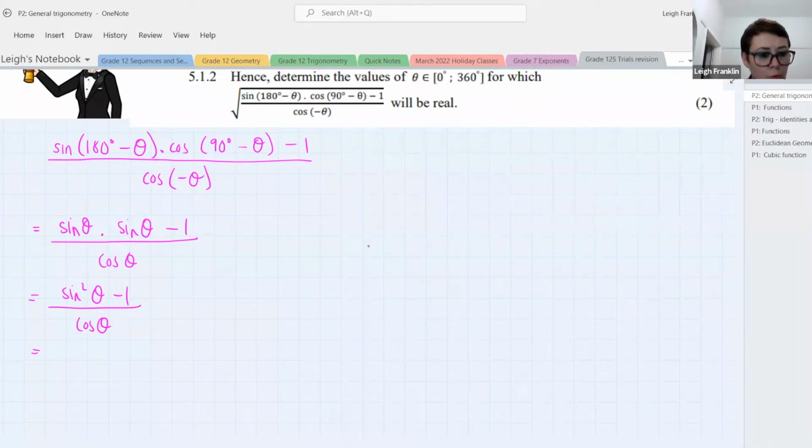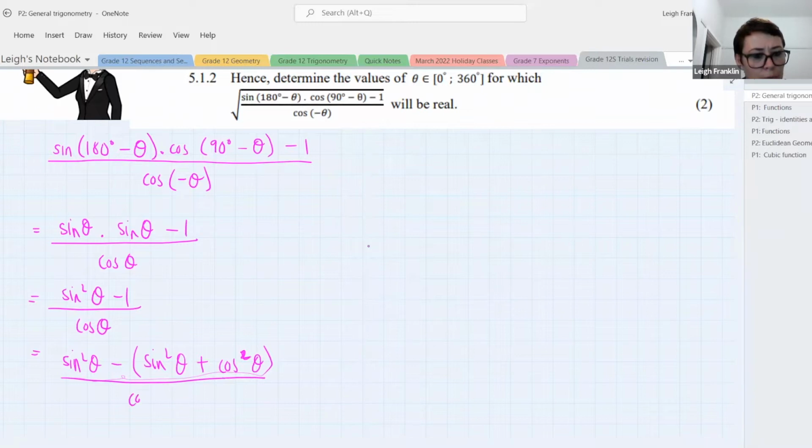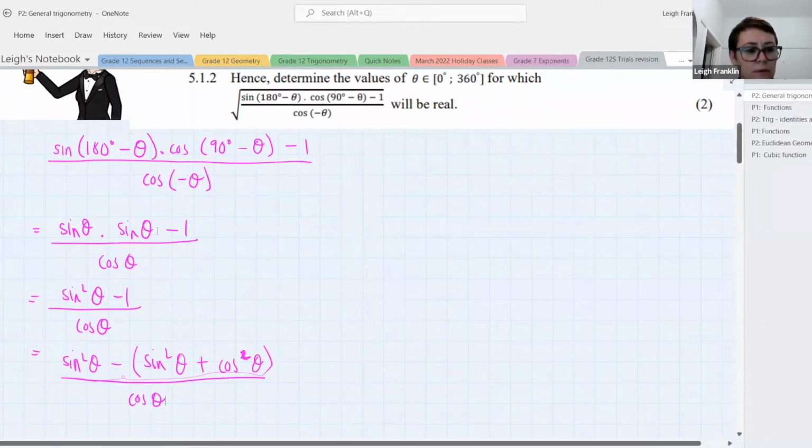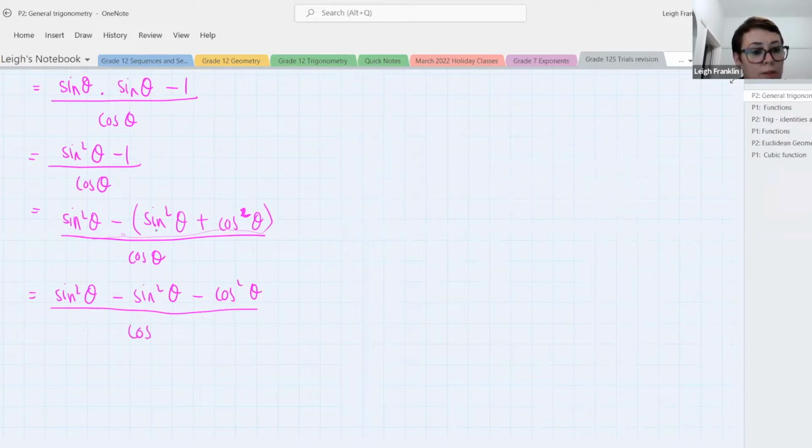So what we could do if we wanted to, we could factorize out the negative, or we could write sine squared theta minus, and remember 1 is sine squared theta plus cos squared theta, isn't it? So I could use my square identity there too, if I wanted to, over cos theta. Which is going to leave us with sine squared theta minus sine squared theta minus cos squared theta all over cos theta.